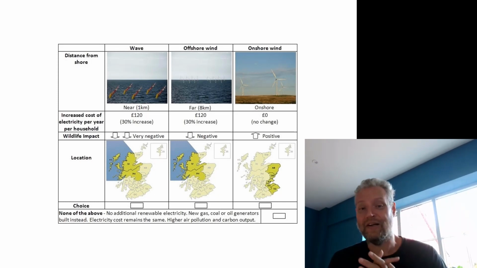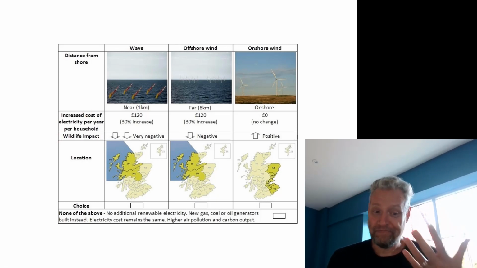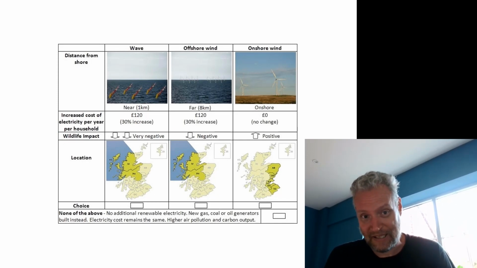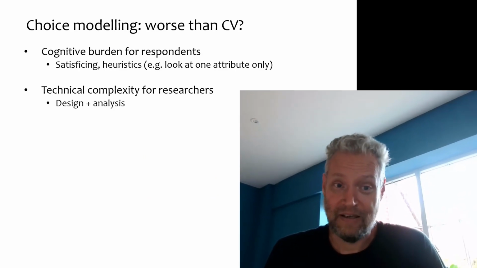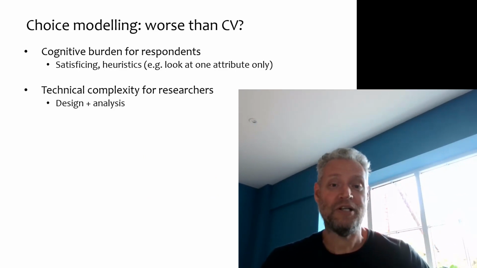I'm going to focus in on one of the 4 attributes and make my decisions based on that particular attribute, and I'm going to ignore the wildlife impact, I'm going to ignore the cost, and just zoom in on one particular aspect. Those things happen, and that's a drawback of this method.